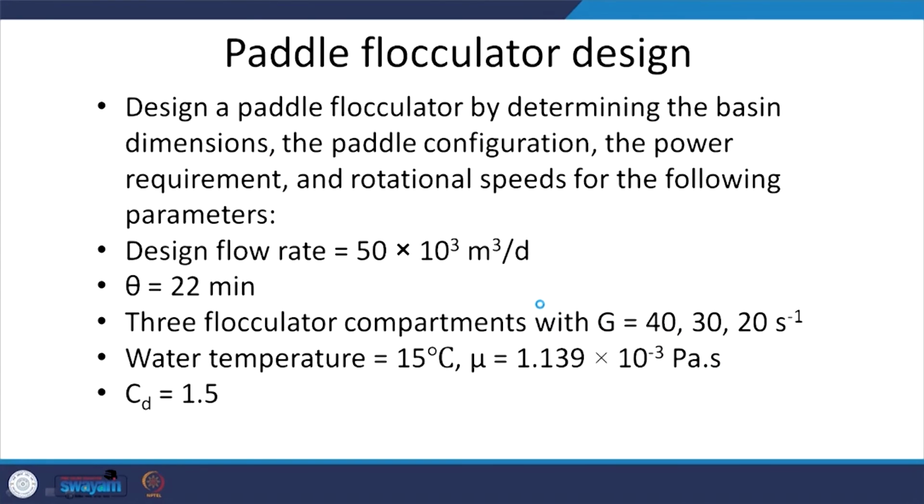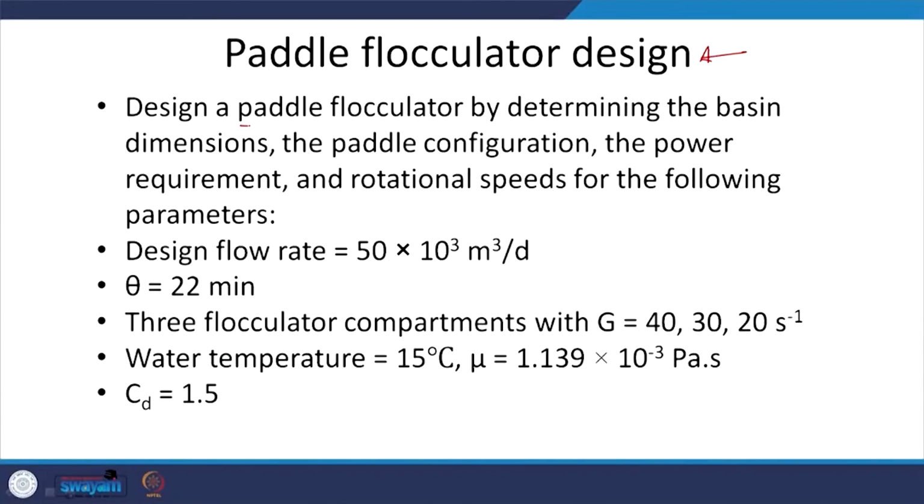So we are going to look at the paddle flocculator design, but this will take some time, and I already consumed all the time I wanted to for this session, but let's just look at the question once. We want to design a paddle flocculator, and what do we need? We need the basin dimensions, the paddle configuration, how much power is required for that paddle, and the rotational speed for the following parameters.